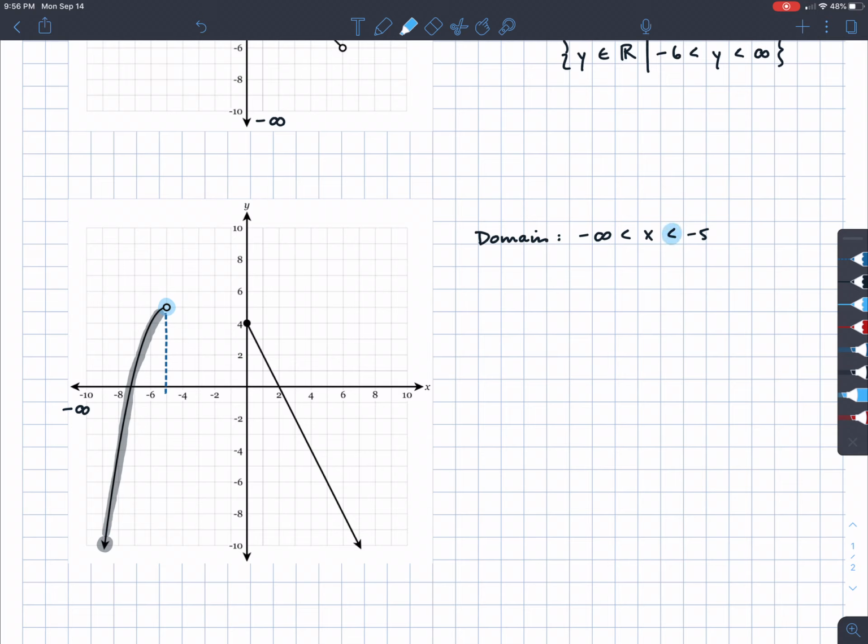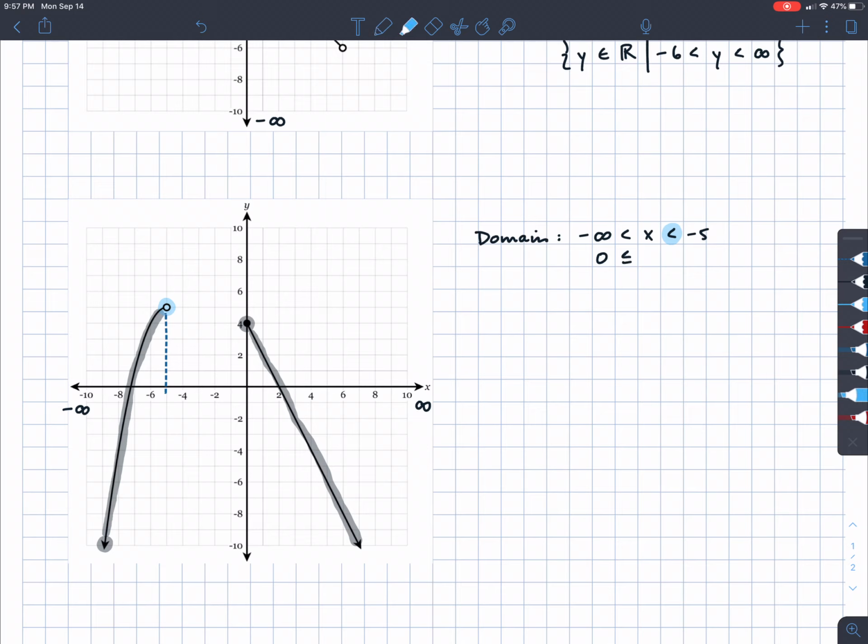And I also have another piece of my domain, because it's not just that one piece, but we also have this piece. And this piece starts at 0, and it keeps going on forever and ever to the right towards positive infinity. So I have to write another interval, or another kind of inequality, that's going to start at 0, which is less than or equal to.